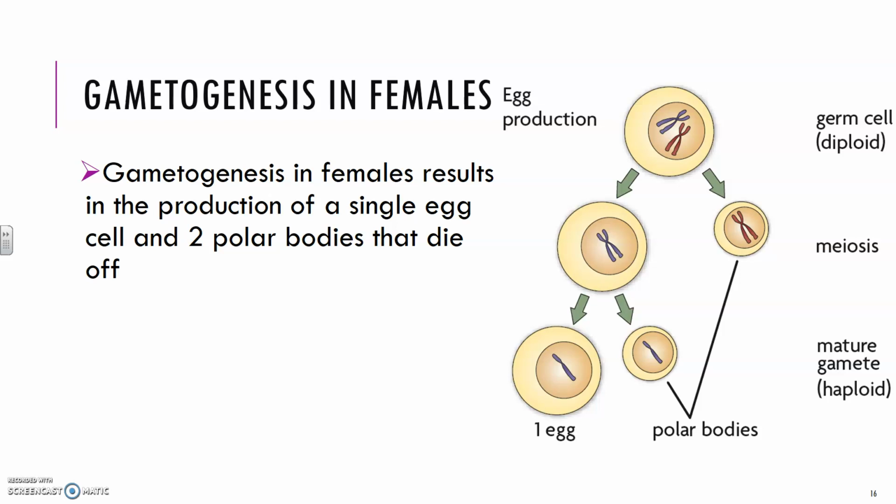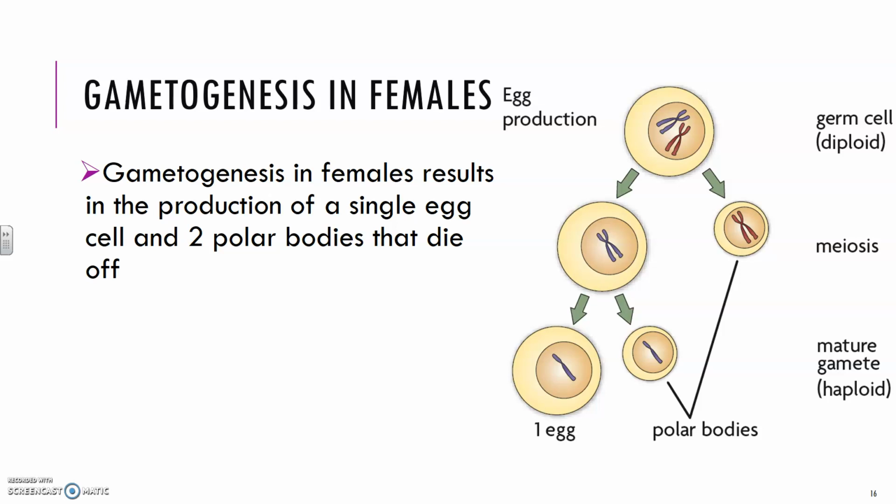When you go through the first round of division in meiosis, one of the cells is going to basically steal as much of the cytoplasm, organelles, everything from the other cell as possible. So one cell is basically going to just get the nucleus and a little bit of cytoplasm and the cell membrane around it. The other cell is going to get the nucleus, a whole lot of cytoplasm, and the cellular membrane.